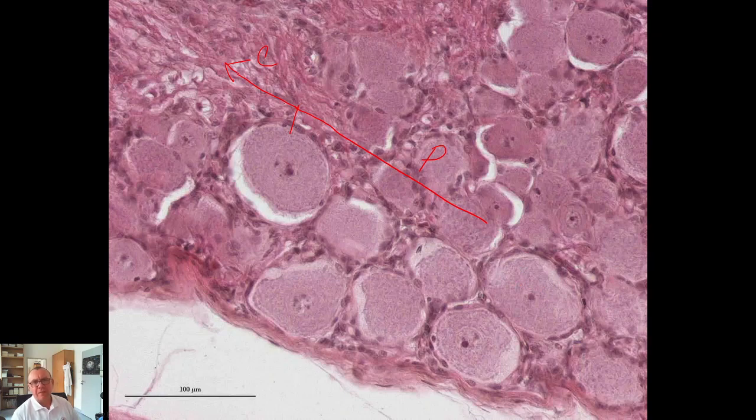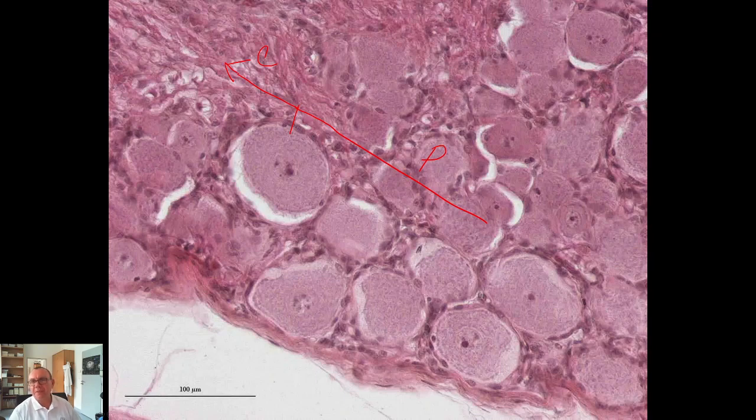Both branches have a morphology of the axon. That means they are usually myelinated. So let's say that the whole process of our cell is the axon, and it has a peripheral and central branch of the axon.